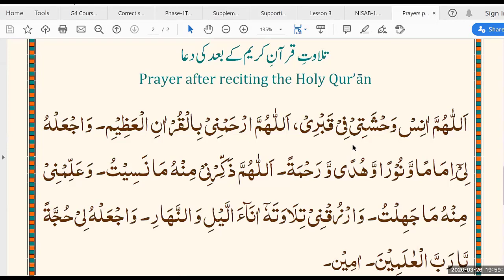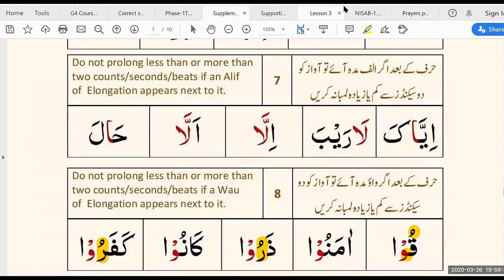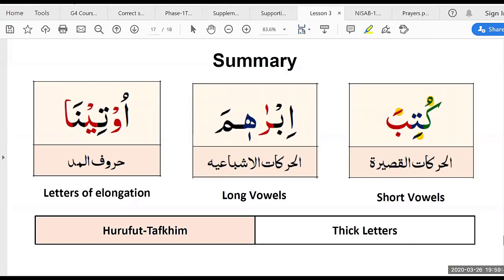I can tell you is ha, sad, dot, ein, not ein, I think it is ghain. Okay. Yes, that's right. So you're telling me the huruf at-tafkhim. The 7 letters. Yes.